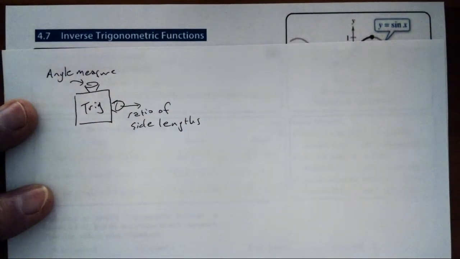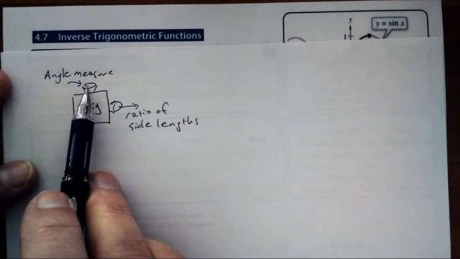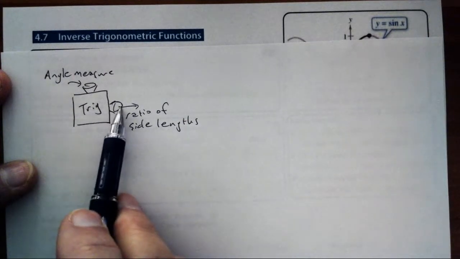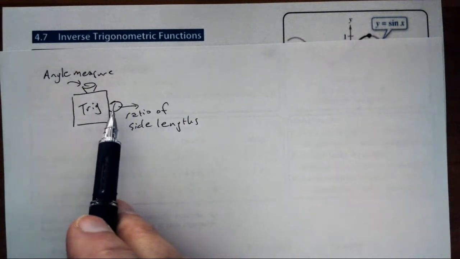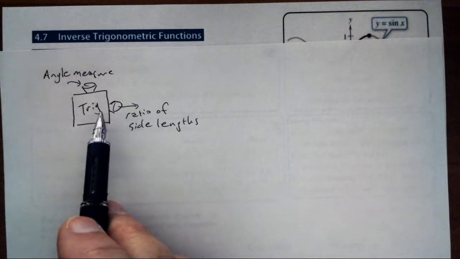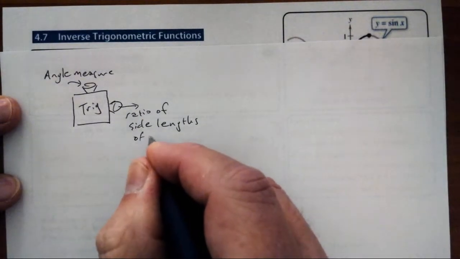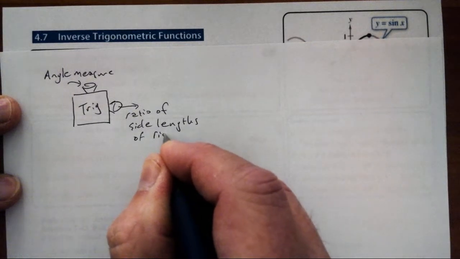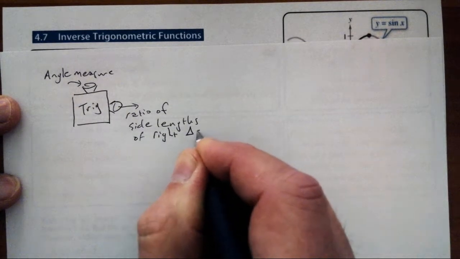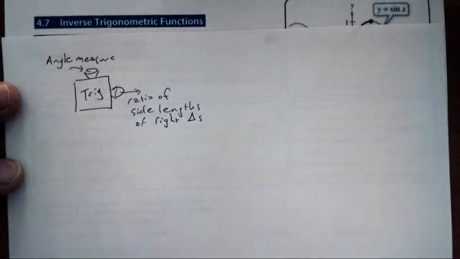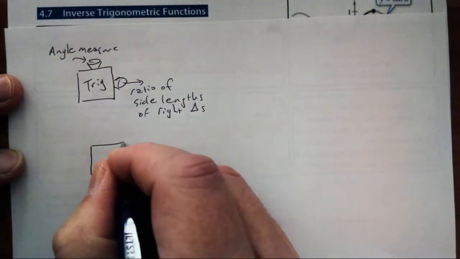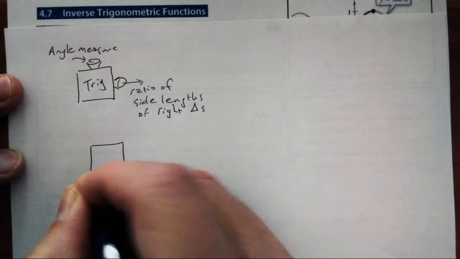So we've been dealing with that for a long time. For instance, put in 30 degrees into sine, and we get sine of 30 degrees is 1/2. That's 1/2 opposite to hypotenuse. We get a ratio of side lengths of right triangles.